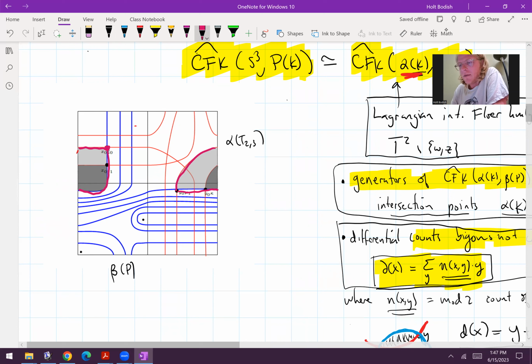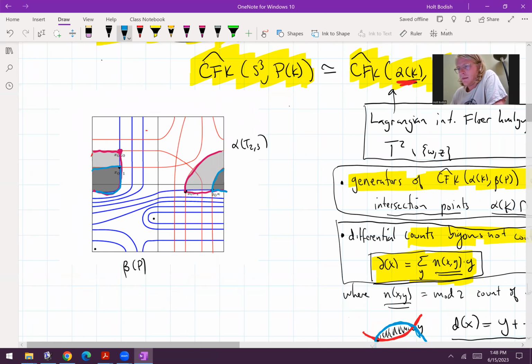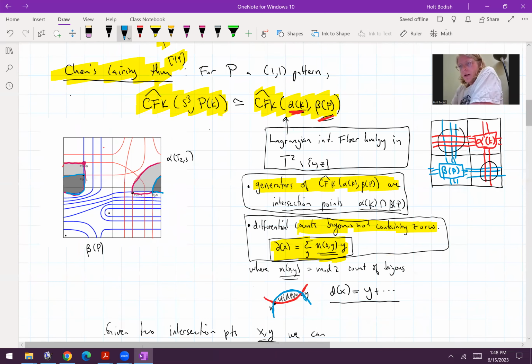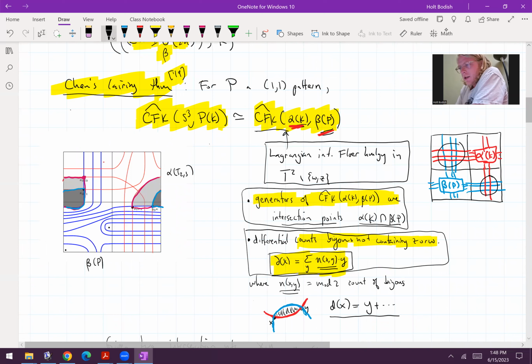That's the light shaded bigon. And the darker shaded bigon goes from x0 c1 to y0 kappa. And so the work in Chen's theorem is showing that the derived tensor product has a model, in the case where P has a 1-1 pattern, that's just given by Lagrangian intersection Floer homology in this twice punctured torus. So my 2 punctures are again the 2 base points from the doubly pointed bordered Heegaard diagram for the pattern.